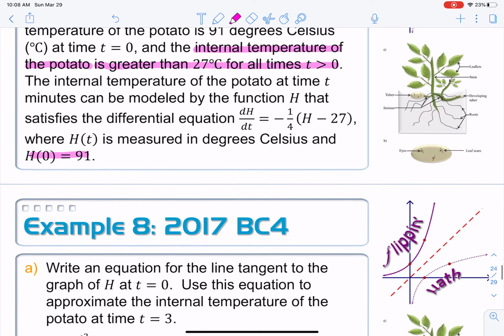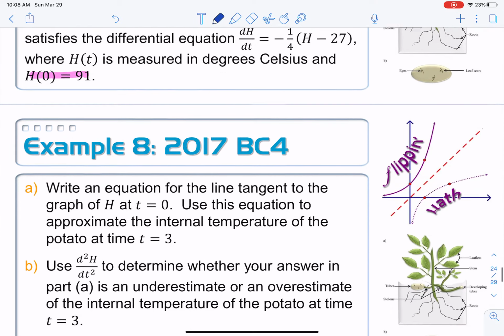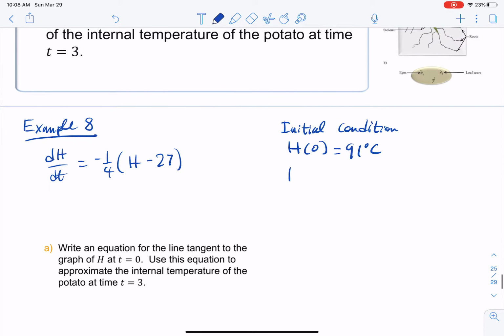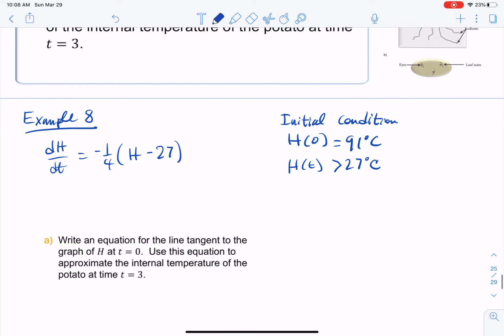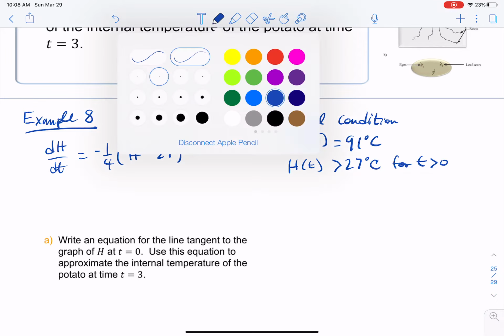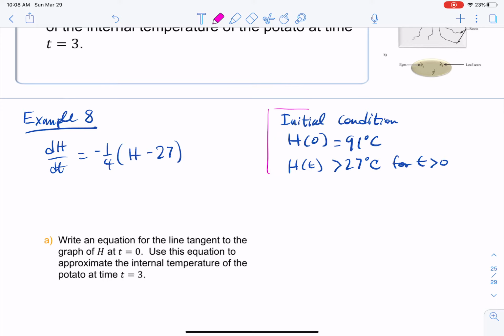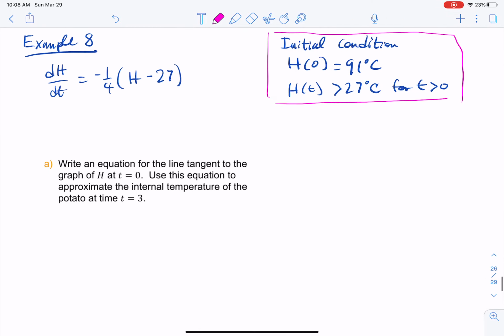It's probably going to come up. We'll see. So I'm going to write it down for sure. So h of t is greater than 27 degrees Celsius. That must be the room temperature, so it's never going to fall below that, for t greater than 0. So here's our important information box. I'm going to box it there. All right, stuff is going to come up for that.